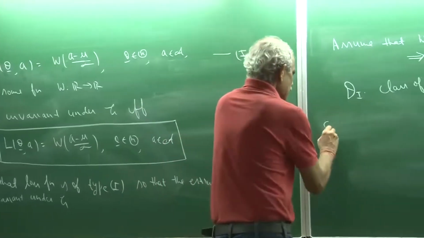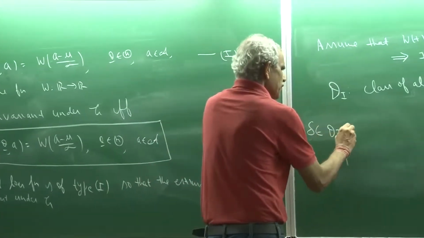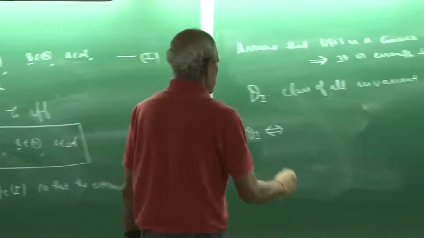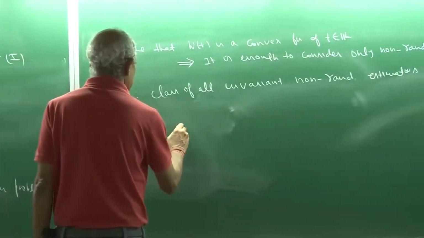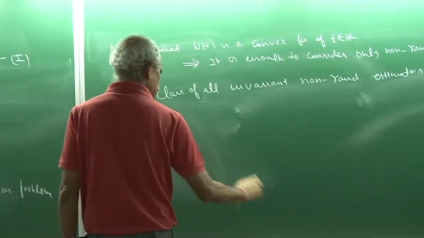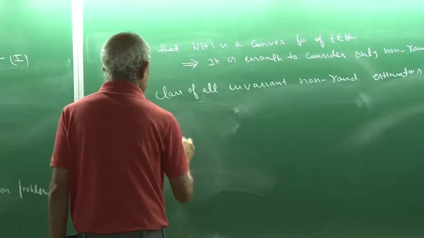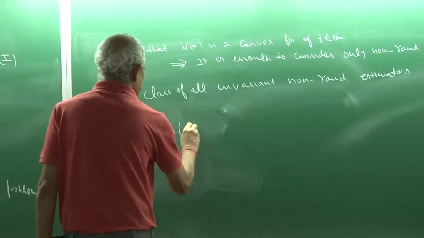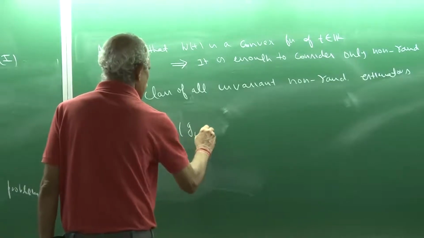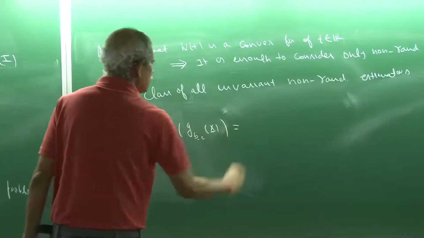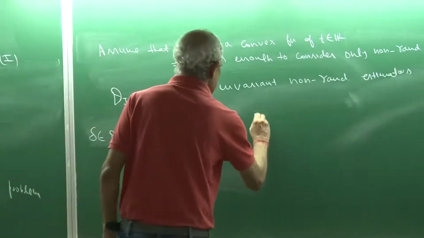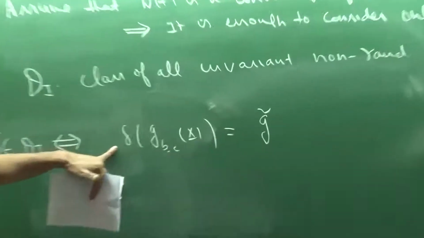Now note that delta belongs to D_i if and only if delta of g_BC of x is same as g tilde_BC of delta of x. So that means I transform the data and apply my estimator.